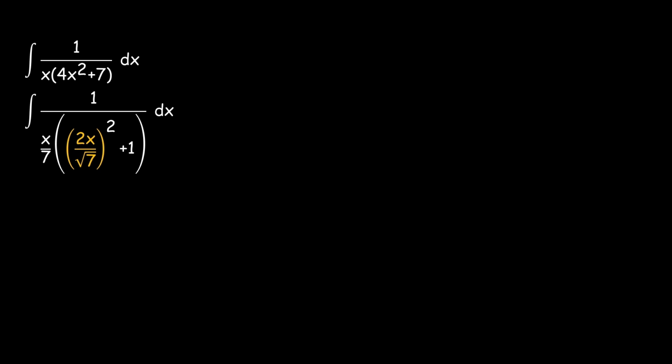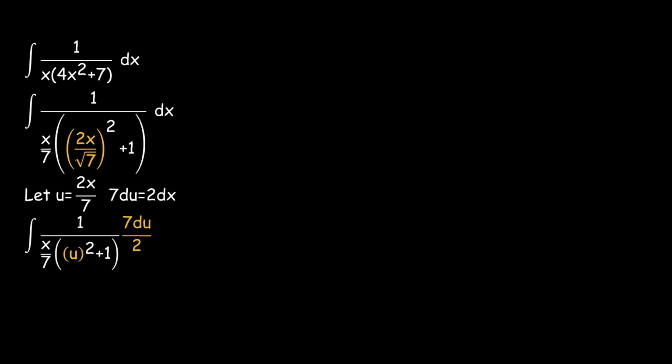Okay, replace that into our original equation, and then we let u be equal to 2x over root 7, so that root 7 du equals 2 dx. Replacing these values, we'll have root 7 over 2 du and 1 over x over 7 times u squared plus 1. Okay, here we would need to use back substitution. What does that mean? Since we let u be equal to 2x over root 7, it means that we need to make x the subject so that we can also replace it into the equation.